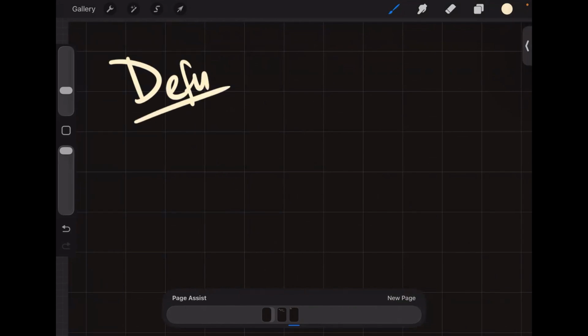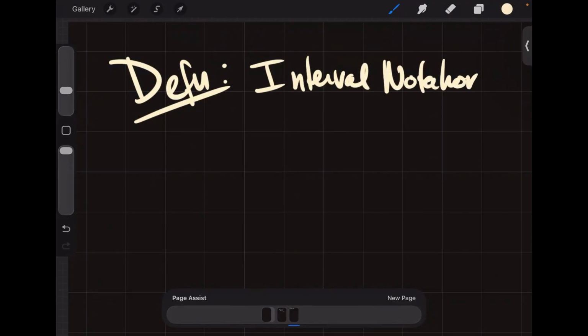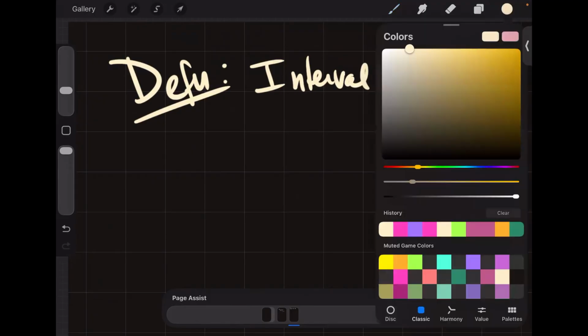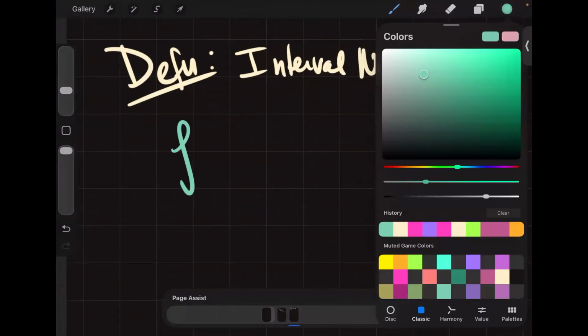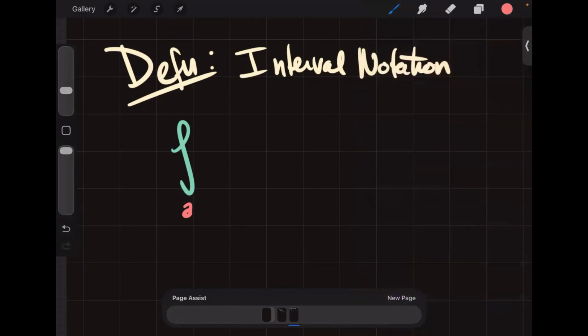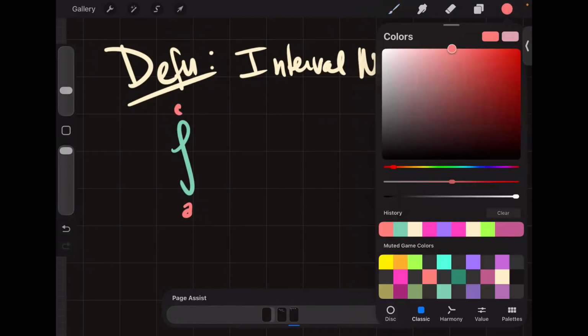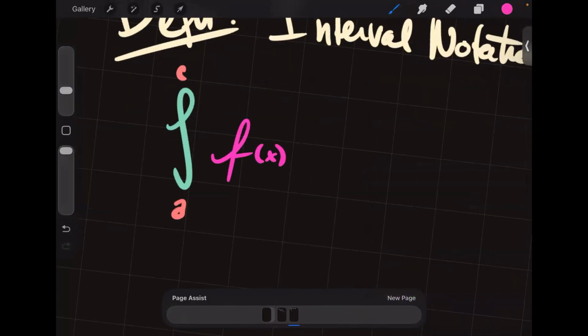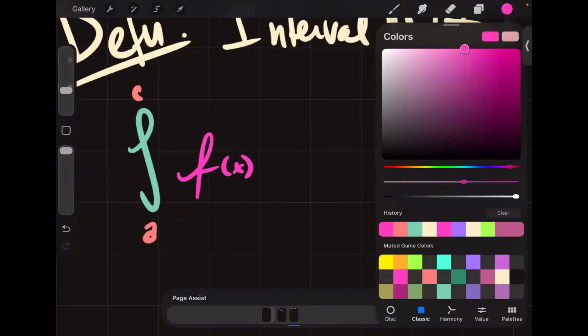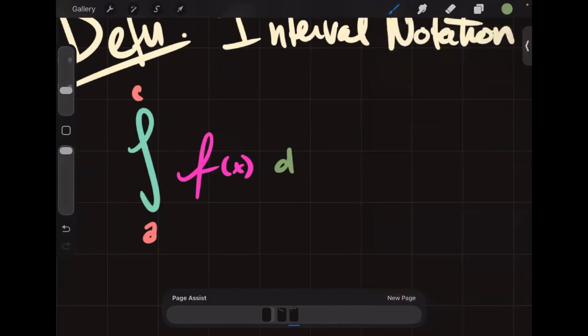First definition I'll give you is the interval notation. I know we've used it loosely before, but I do want to formalize it, okay? So, let's say I write something like this, and then like this, and then, let's do a different color, like that, and then like that, right?